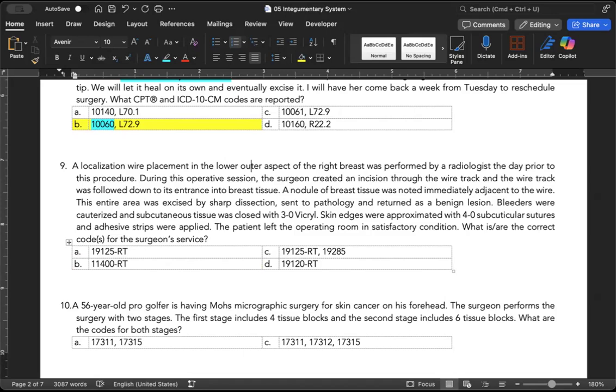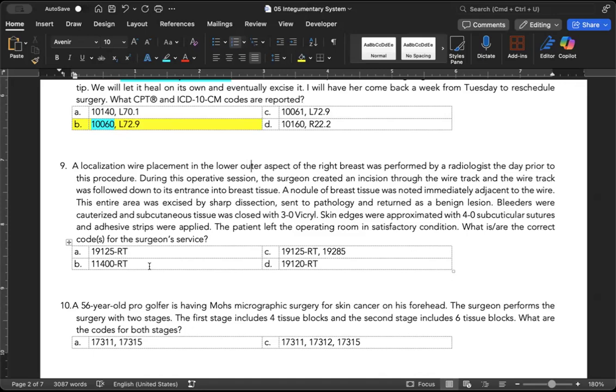A nodule of breast tissue was noted immediately adjacent to the wire. This entire area was excised by sharp dissection, sent to pathology, and returned as a benign lesion. Bleeders were cauterized and subcutaneous tissue was closed with 3-0 Vicryl. Skin edges were approximated with 4-0 subcuticular sutures, and then adhesive strips were applied. The patient left the operating room in satisfactory condition.